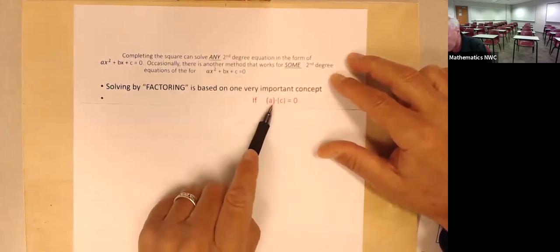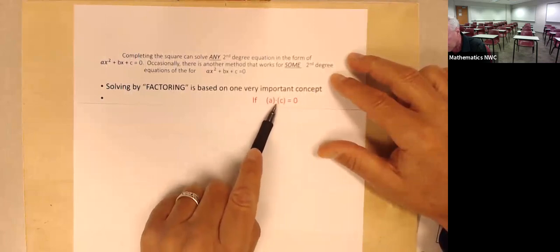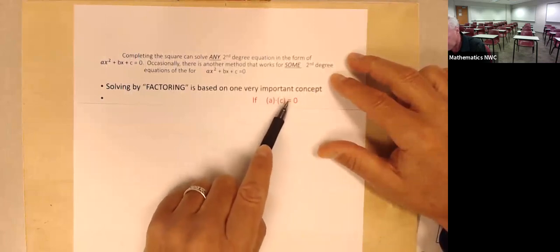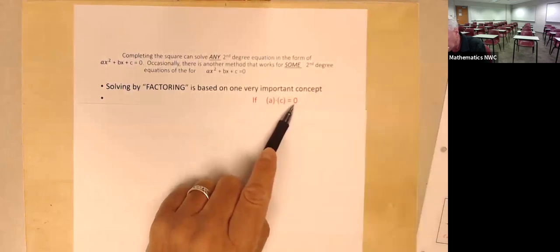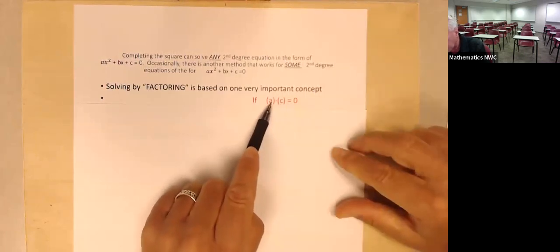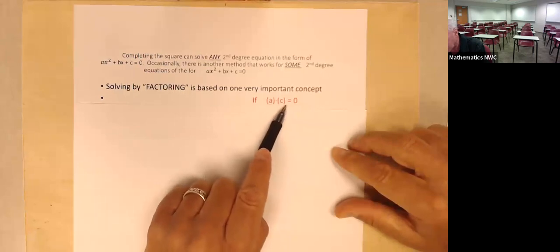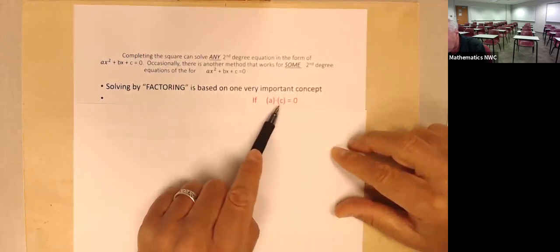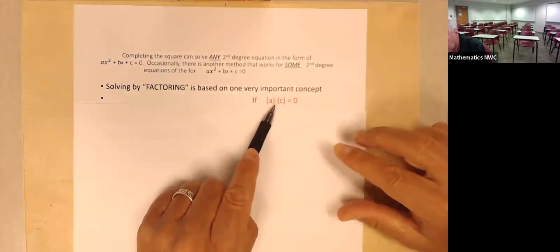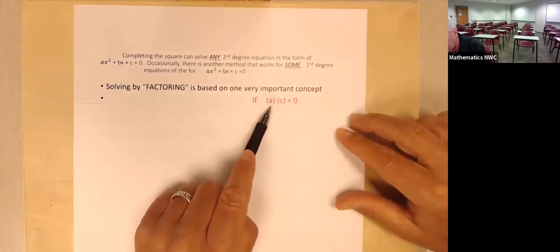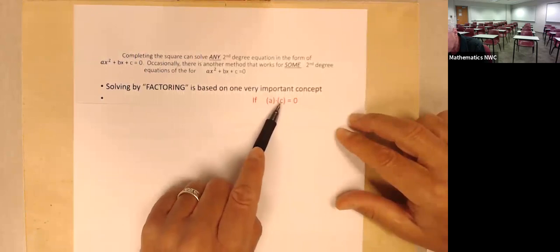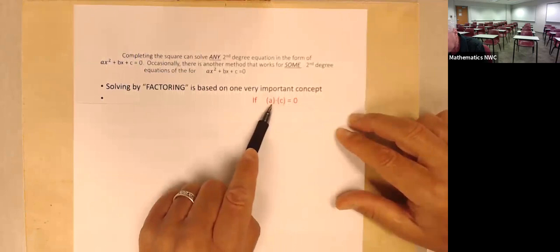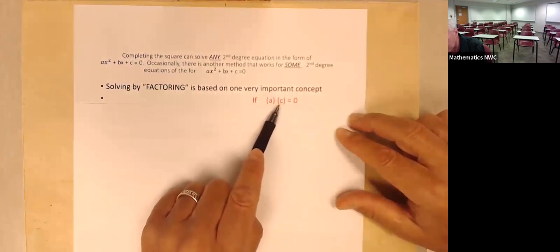If I happen to have some parentheses times another parentheses and it equals 0, the only way I can multiply two things together and get 0 is one of these things, or maybe both, but for sure one of them must be equal to 0. Can't emphasize how important that is to understand. If I have two things being multiplied and their product is 0, it means at least one of them has to be 0, maybe both.